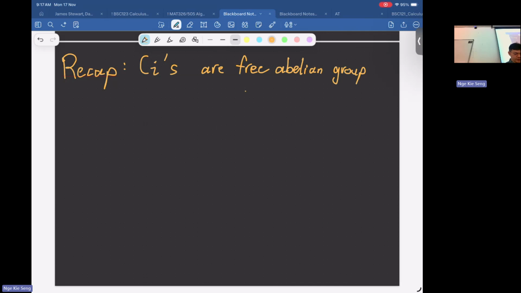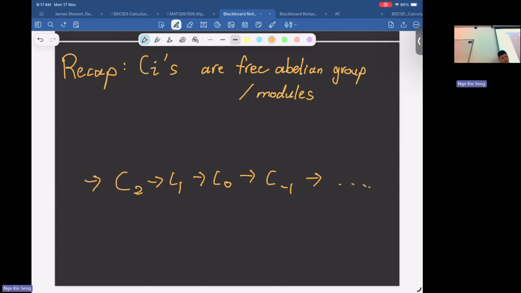Really, we care about modules. We will arrange them like this: C2, C1, C0, and so on, decreasing. So the arrow is going to decrease.